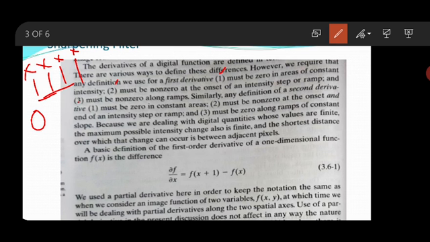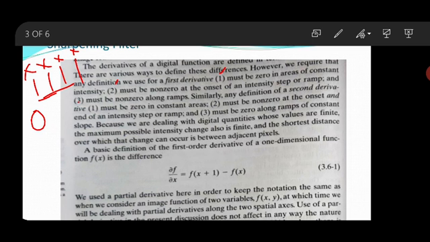The second one must be non-zero at the onset of an intensity step or a ramp. That means if there is a change from pixel to pixel, either it will be a step or it will be a ramp.